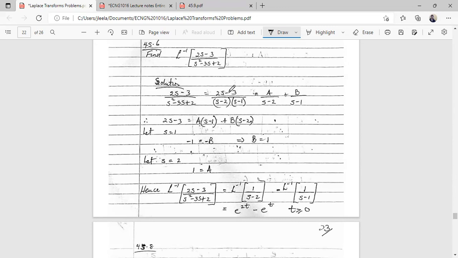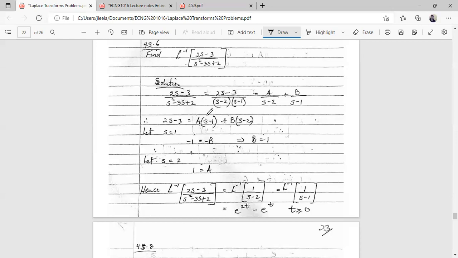So 2s minus 3 over s minus 2, s minus 1 is equal to a over s minus 2 plus b over s minus 1. Right, and if we multiply throughout here by s minus 2, s minus 1, we'll get 2s minus 3 is a into s minus 1 plus b into s minus 2.